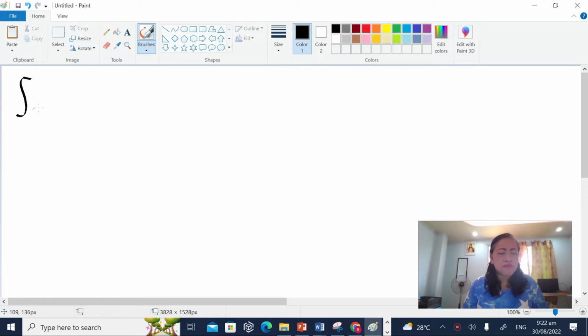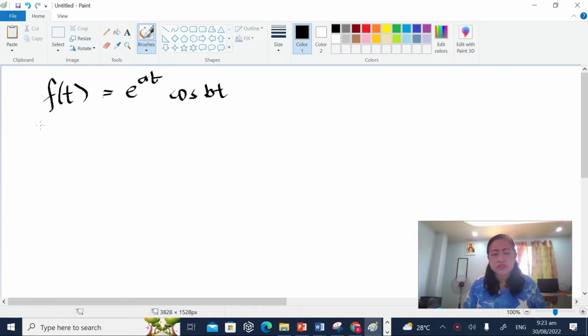given function, the function of t is equivalent to e to the at cosine of bt. How do we now solve for the Laplace transformation?